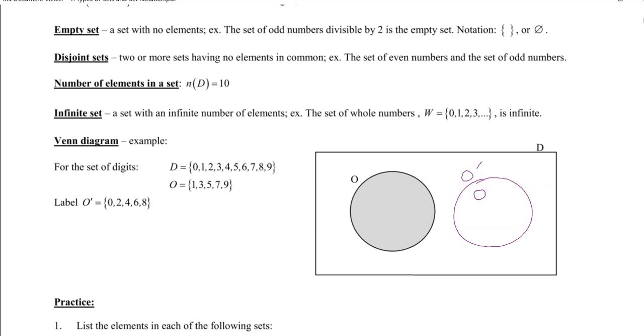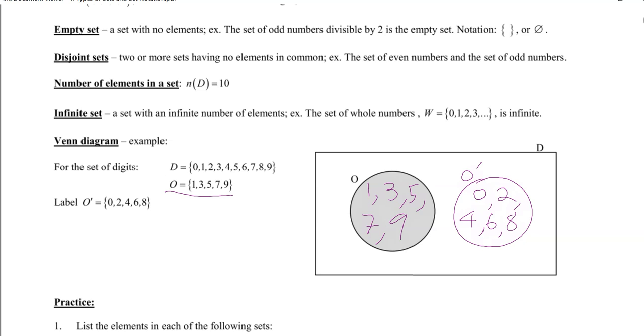Okay, so O prime, the way to read that would be not odd. These are the odds, these are the not odd. 1 is odd, that goes in there. 2, not odd. 3, odd. 4, not odd. 5, odd. 6, not odd. 7, odd. 8, not odd. 9.